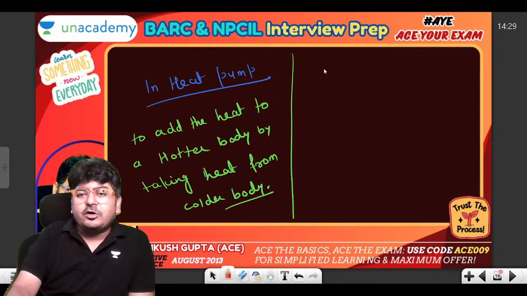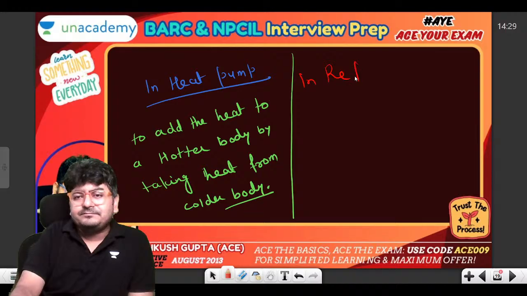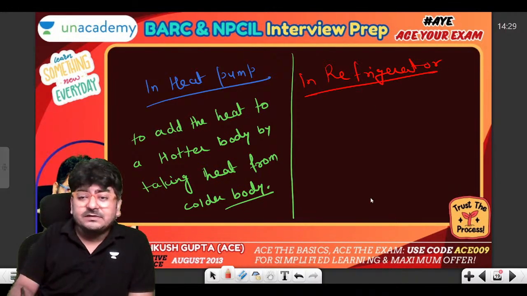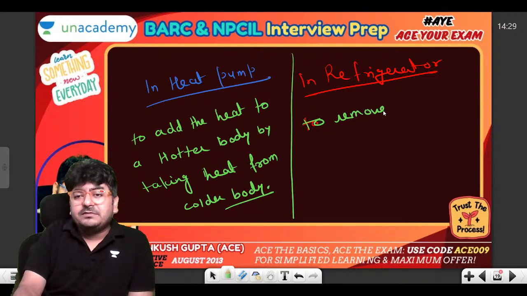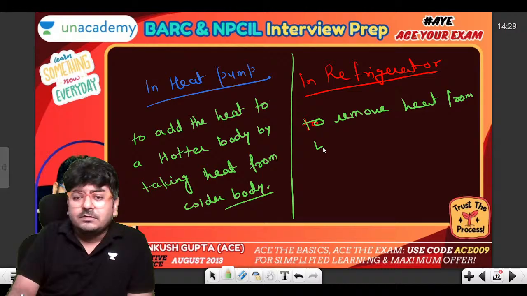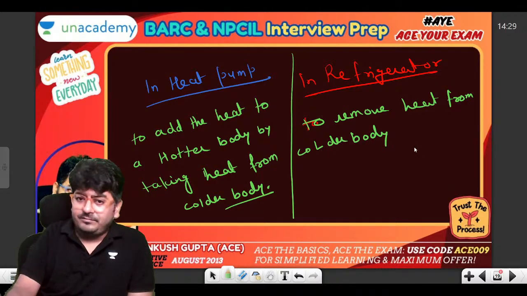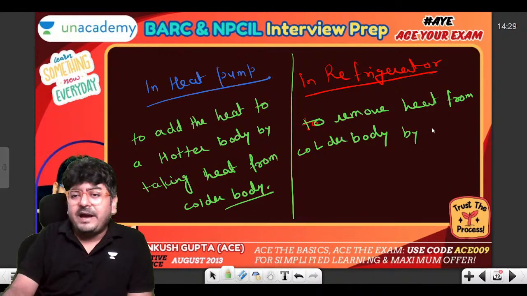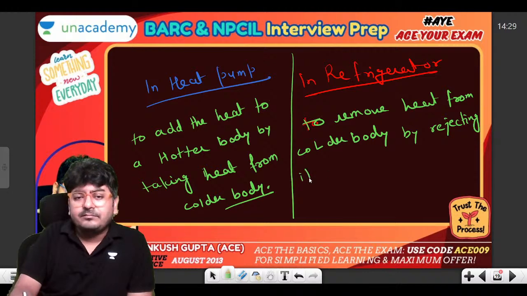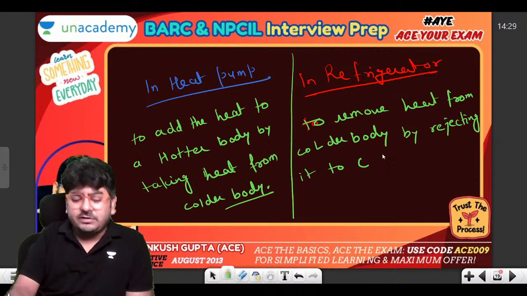While if I talk about the refrigerator, what is happening in the refrigerator? The purpose is to remove heat from the colder body by rejecting it to the hotter body.